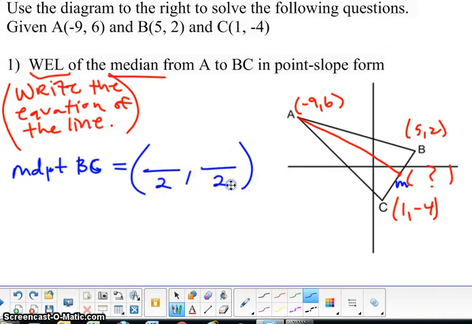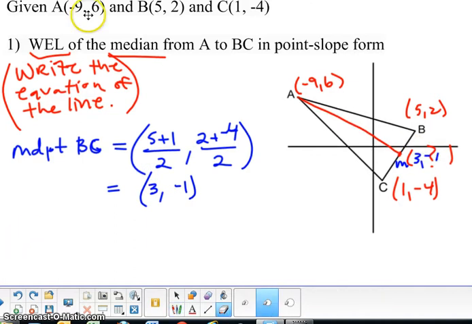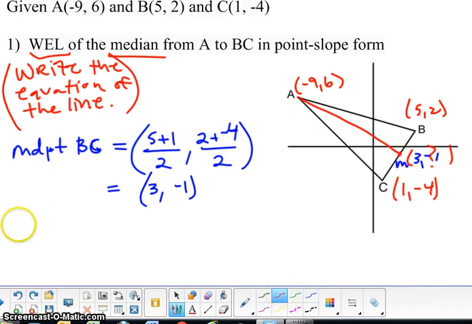So we know they're going to both be divided by 2. We have the x values that are 5 plus 1, and the y values are 2 plus a negative 4, for a final midpoint of 3. And that is a 4, so then that would be a negative 1. So this point is at 3, negative 1. Now we will be able to find the slope of AM.